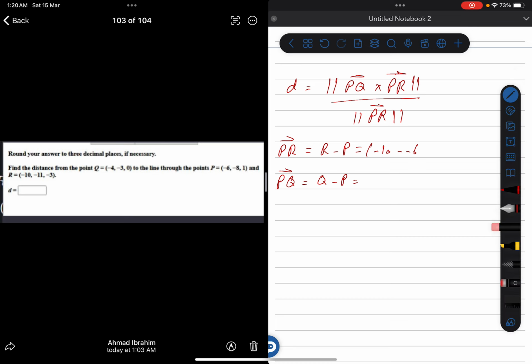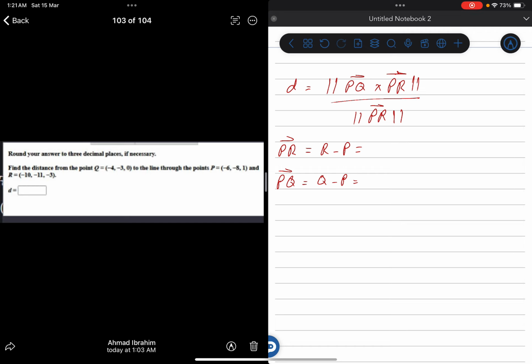I will solve it quickly. I will write the result.